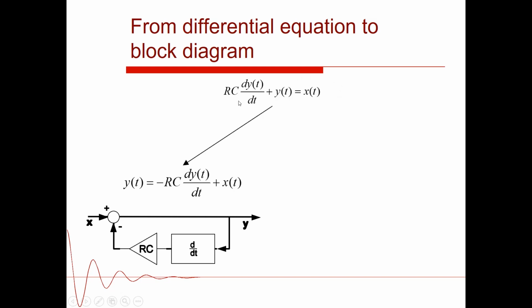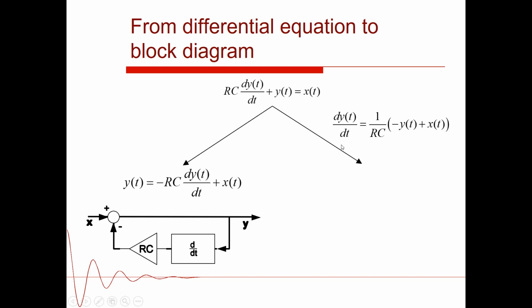So in that case, we get rc times dy/dt equals minus y plus x. So we can also say dy/dt is minus y plus x divided by rc. And that is expressed over here: dy/dt is minus y plus x, this part of the expression, multiplied with 1 over rc.